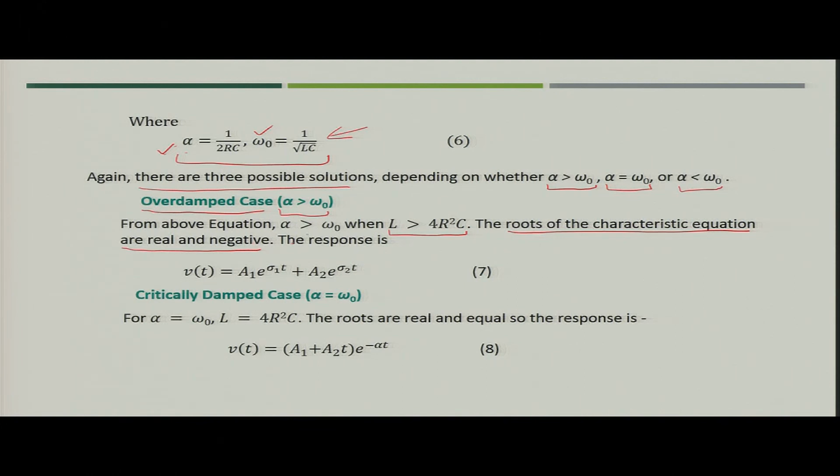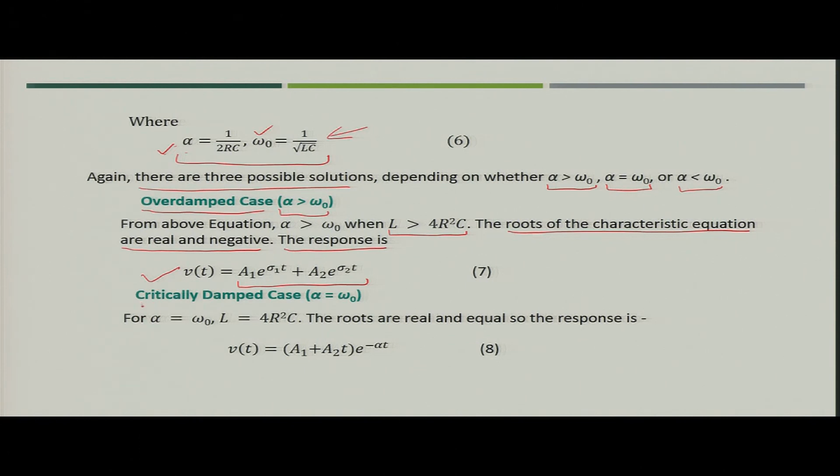This is similar to what we got in case of series RLC circuit also. Similarly, the response will again be A1 e to the power sigma 1 t plus A2 e to the power sigma 2 t, similar to the series RLC circuit.